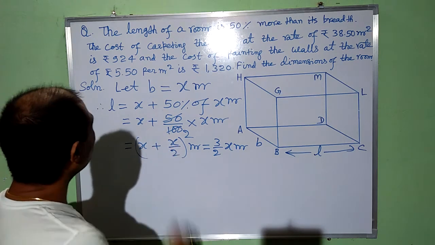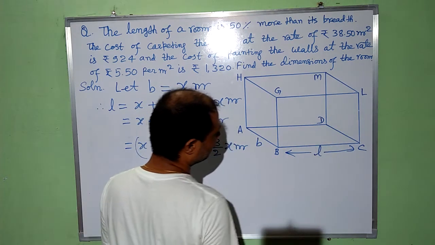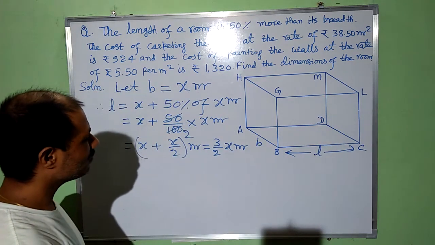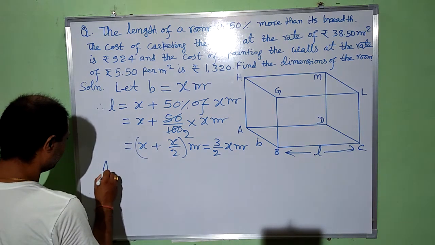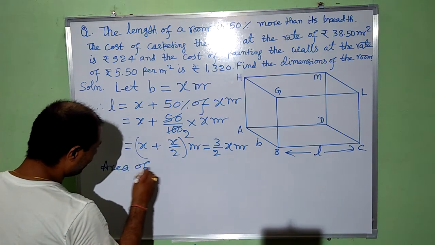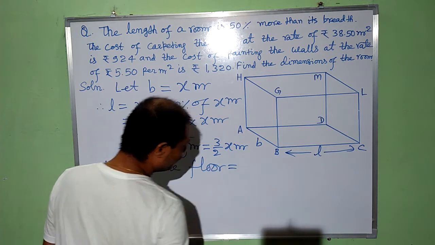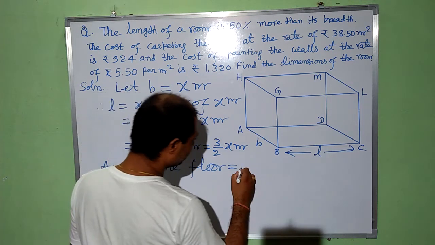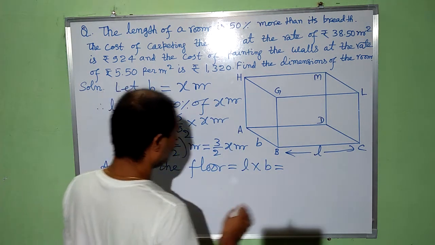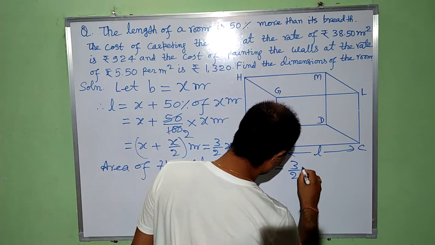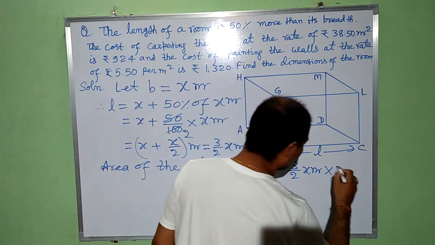Now, carpeting. The cost of carpeting the room. This part will be carpeted. A, B, C, D. This is the floor. So, the area of the floor of the room is equal to L into B. L is obtained, that is 3 by 2 x meter into B, that is x meter.